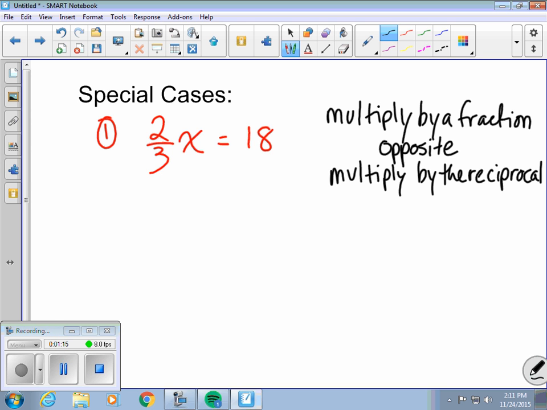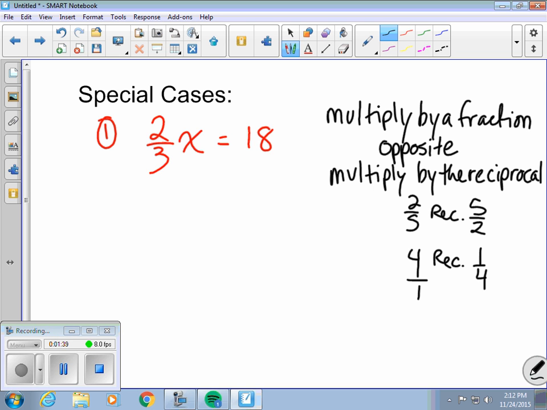That word reciprocal we talked about early on in the year. For example, if I have 2 out of 5, the reciprocal would be 5 over 2. If I had the number 4, I can think of that as 4 over 1, and the reciprocal would be 1 over 4.